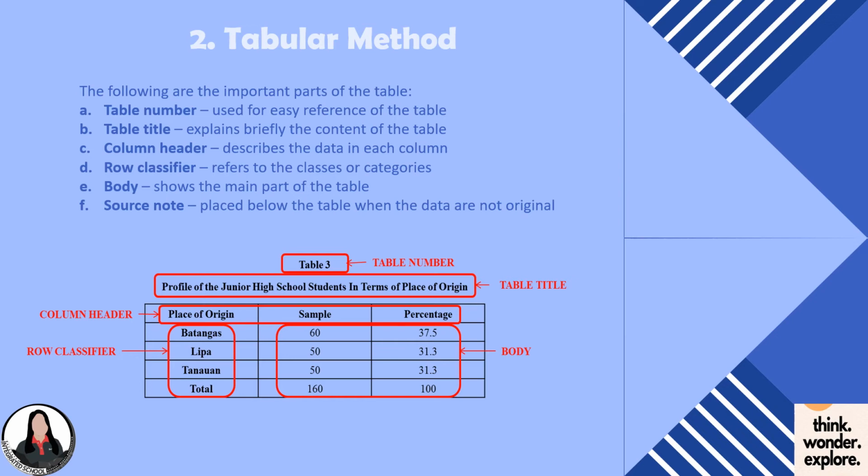This describes the data in each column. Ito yung place of origin, sample, and percentage. Row classifier refers to the classes or categories. So, ito yung Batangas, Lipa, Tanawan, and yung total. And then, the body shows the main part of the table. And then, the source note is placed below the table when the data are not original. Okay?